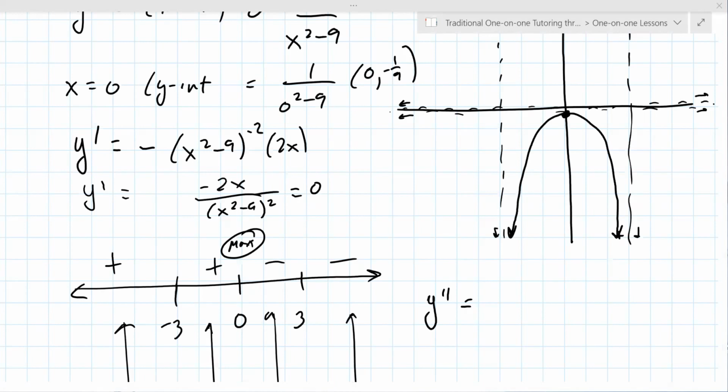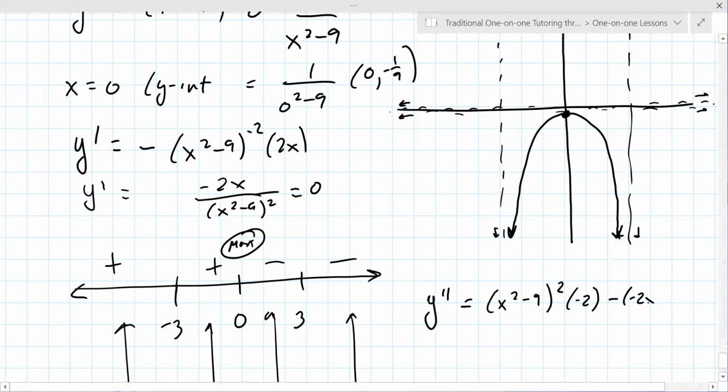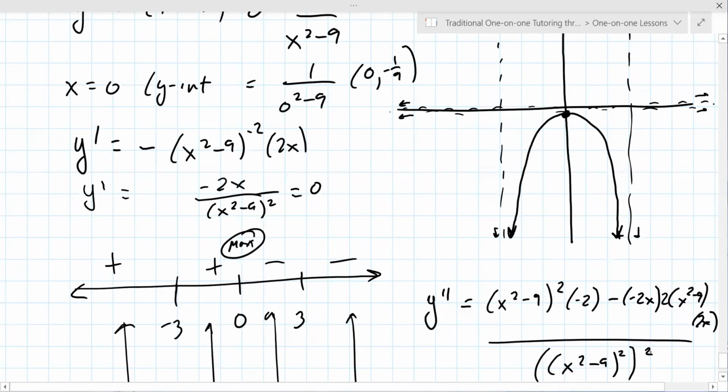All right, now second derivative is horrible here. It's x squared minus 9 squared times the derivative of the top, -2, minus the top times the derivative of the bottom, 2 times x squared minus 9 times 2x, over the bottom squared. This is horrible, by the way.